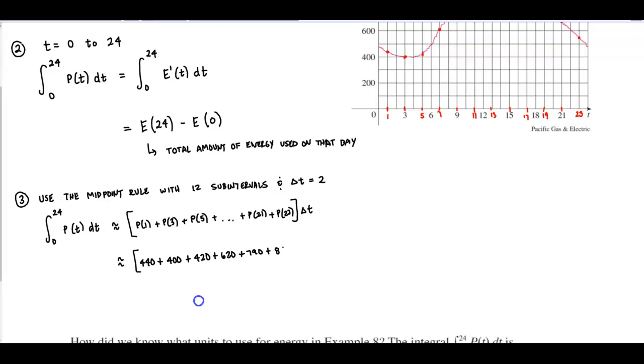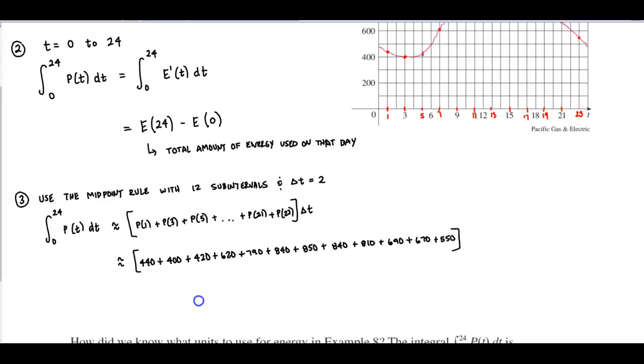P of 11 is 840. P of 13 is 850. And so on. So we have 850, 840, 810, plus 690, plus 670, plus 550.